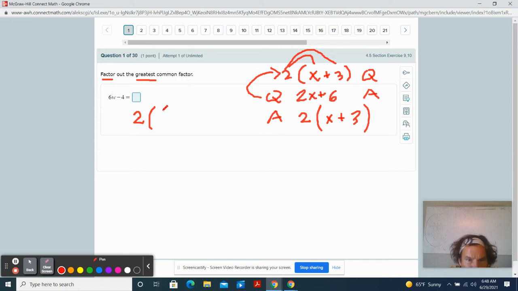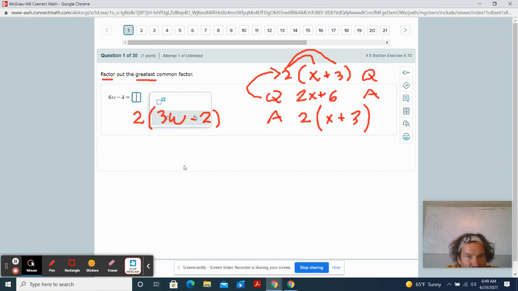And another way of saying that is, what do you multiply by 2 to get 6w? A 3w, right? And then what do we multiply 2 by to get negative 4? So we put that in our box here. I'm not going to take time of putting all these in there. We talked about this yesterday in the mini video.